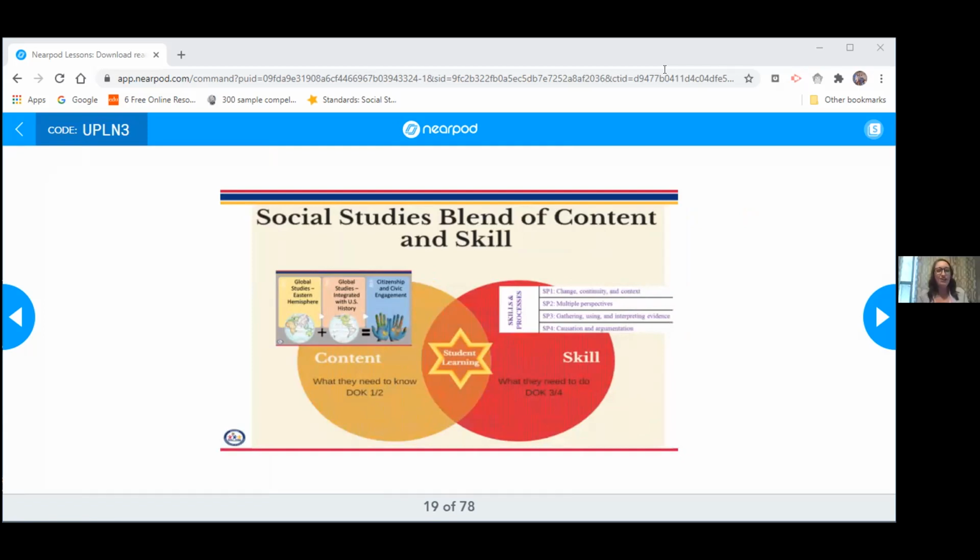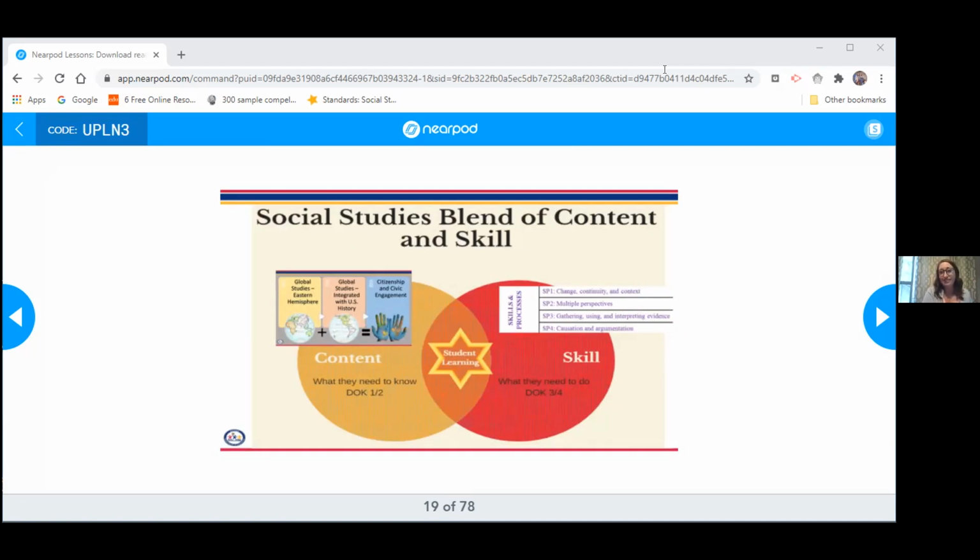So you'll see here on this Venn diagram, the content connections between 6th and 7th grade. 6th grade and 7th grade work together to get to 8th grade, where I would actually even say 5th grade, 6th grade, 7th grade, and 8th grade all work together to build that global citizen and that civic engagement piece that they're doing in 8th grade.